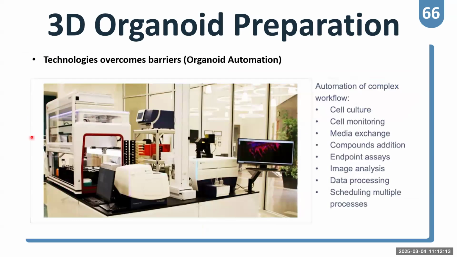We have a machine like this; I'm not sure, but some of you may have seen it in Ajahn Sompunnath's or Ajahn Siwanol's lab. It's an automation machine that can watch and monitor the organoid for you, change the media, treat the drug for you, monitor time by time with the computer, and also capture fluorescent pictures and do the report for you in real time.